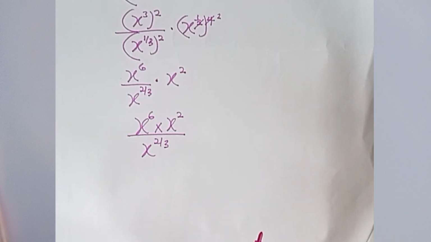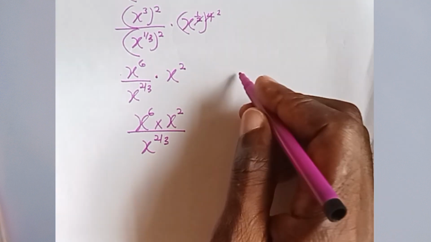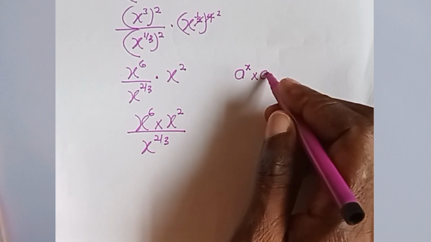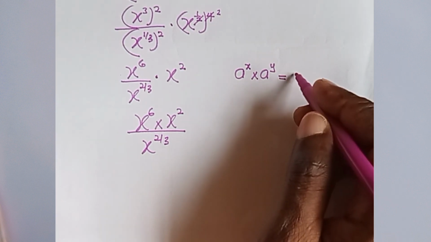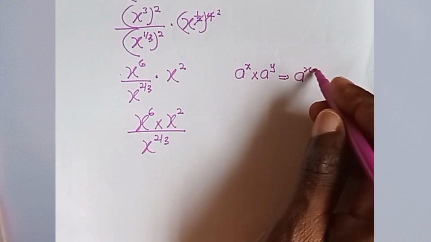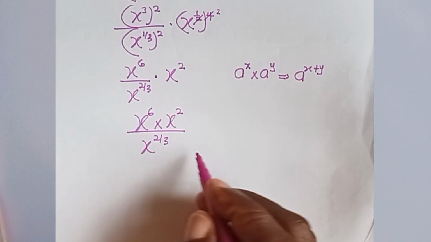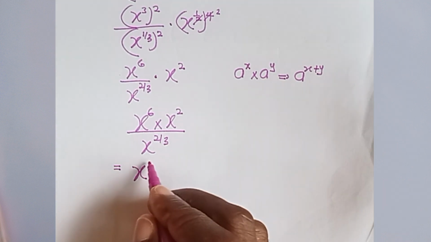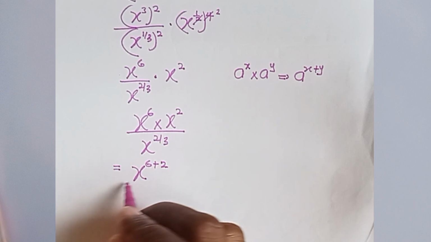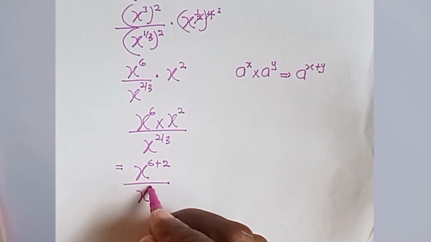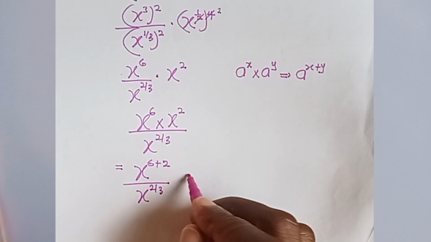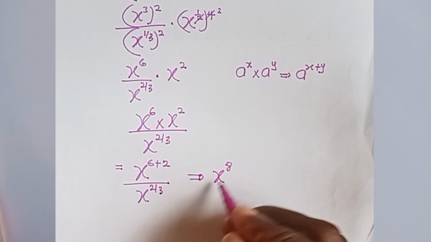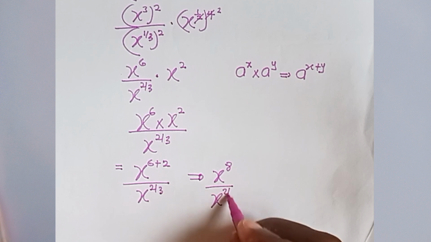Look at another law of indices that says that if a raised to the power x multiplies a raised to the power y, it becomes a raised to the power x plus y. Alright, so that means that here we have x raised to the power 6 plus 2 over x raised to the power 2 over 3, and then that gives x raised to the power 8 divided by x raised to the power 2 over 3.